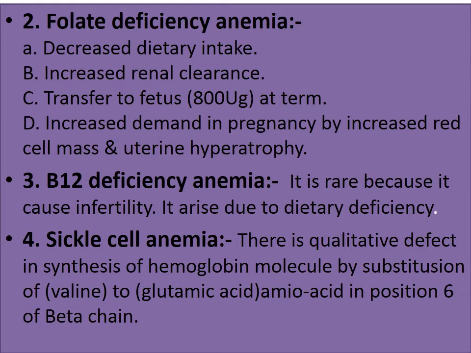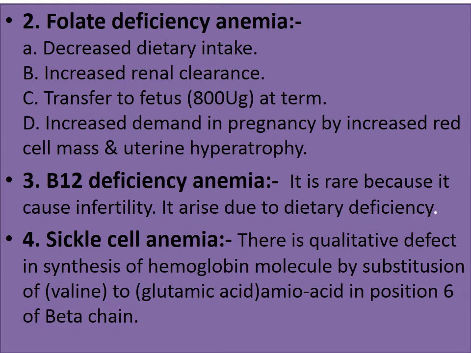Sickle cell anemia. There is a qualitative defect in synthesis of the hemoglobin molecule, by substitution of valine for the glutamic acid amino acid in position 6 of the beta chain.